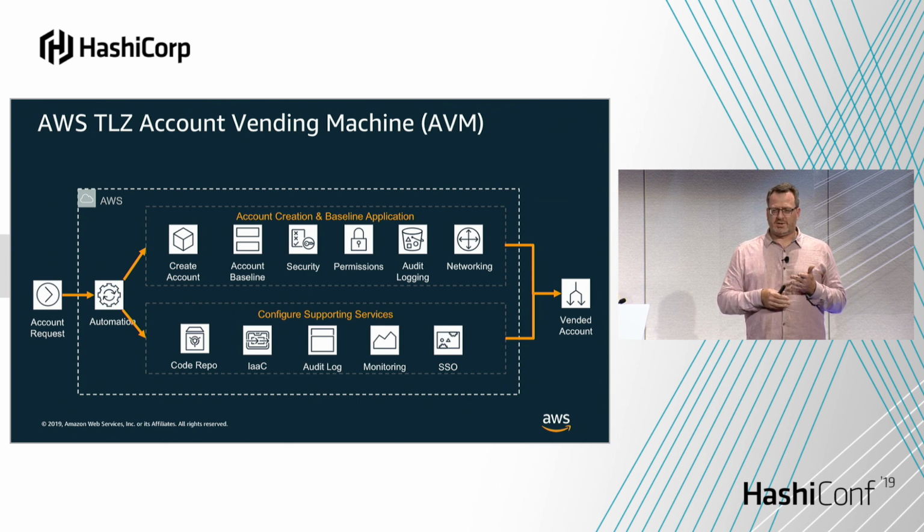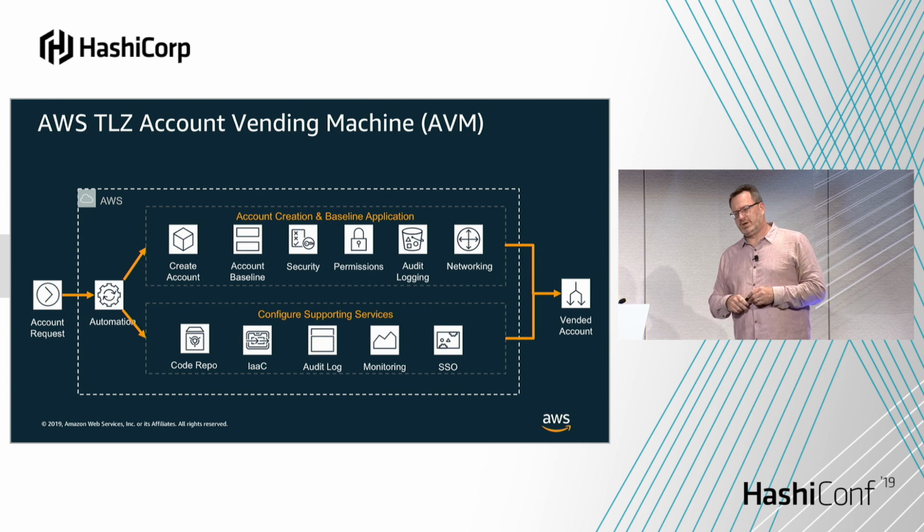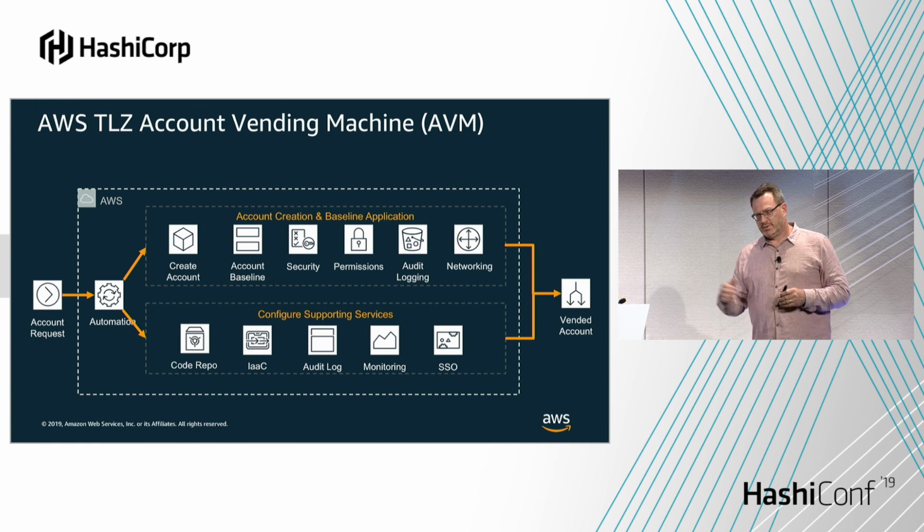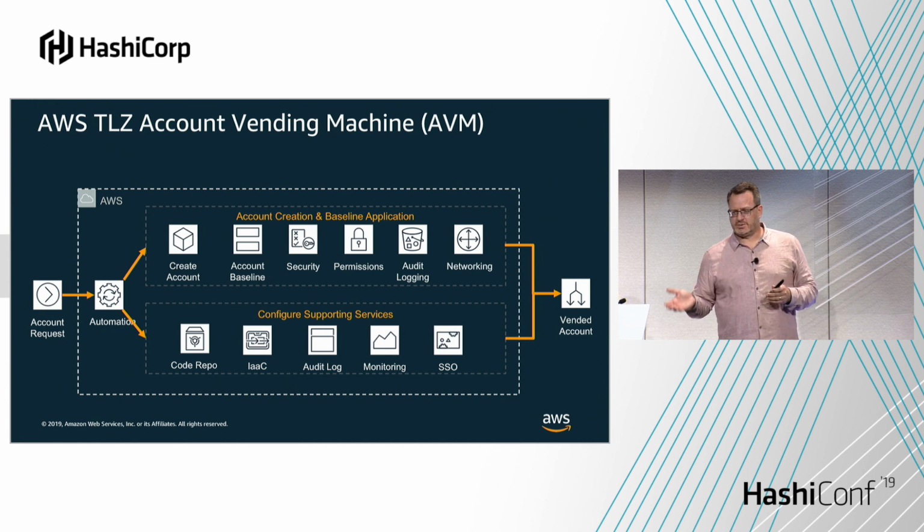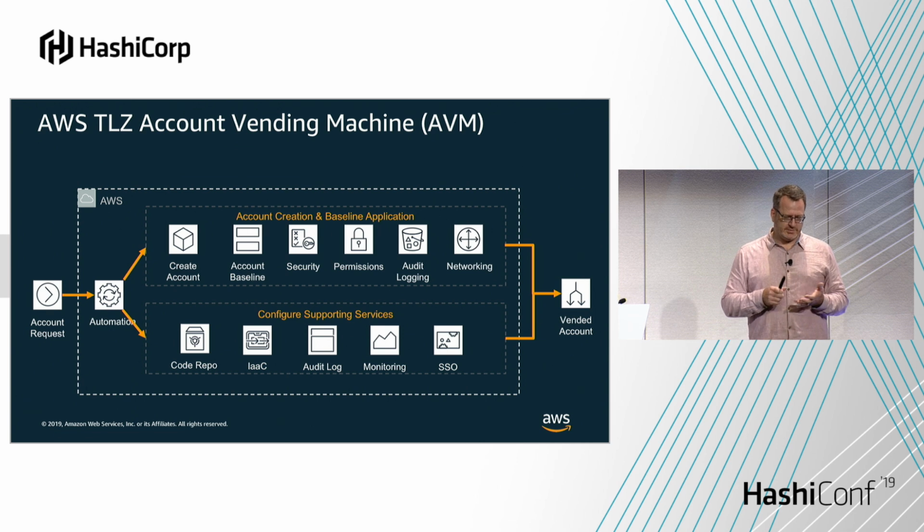But remember, the entire provisioning of this is done through Terraform once it gets stood up. So that goes and kicks off. It creates the account. It goes and kicks off another Terraform template that does all the baselining to that account, which adds all the security, adds all the permissions for that account, turns on audit logging, and does the networking for that account.